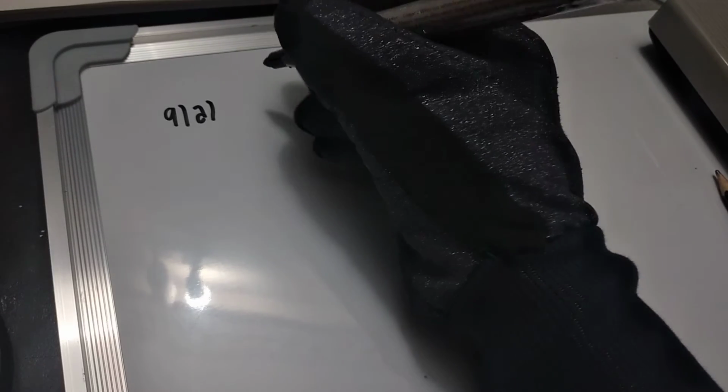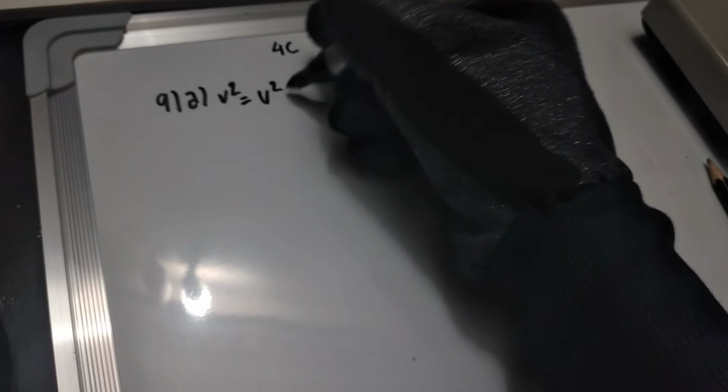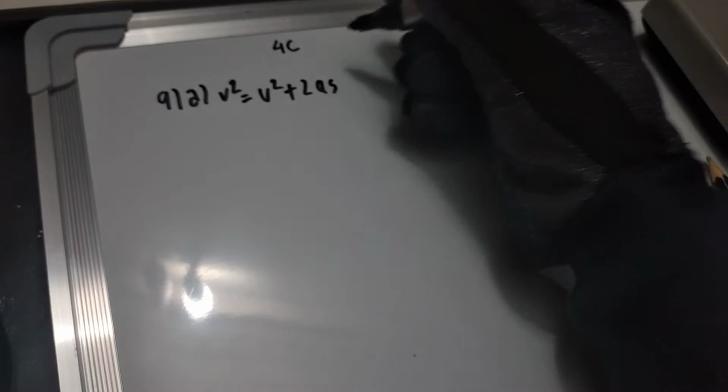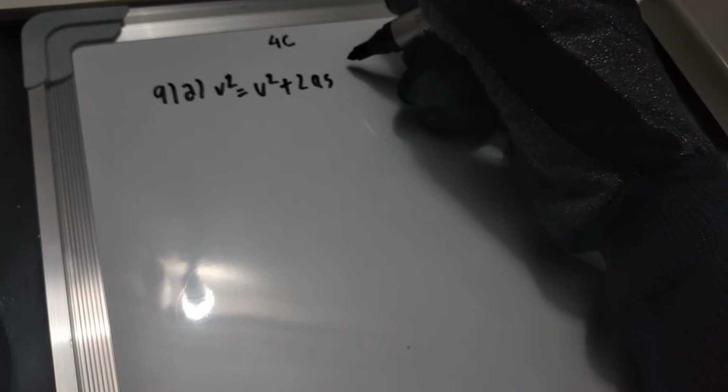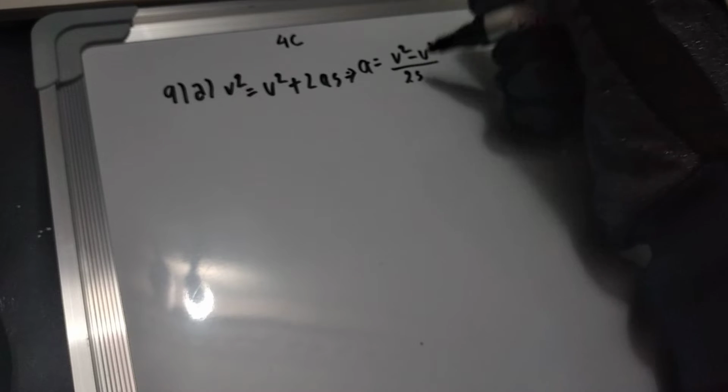So to find the acceleration, we could use the formula v squared equals u squared plus 2as. We need to find a, so we could substitute all the values that we know. a equals v squared minus u squared by 2s.